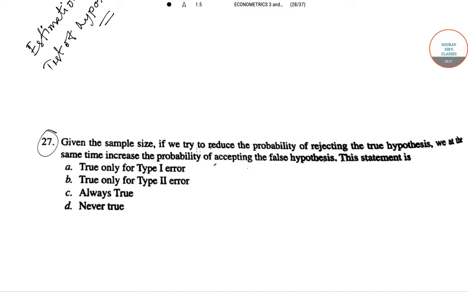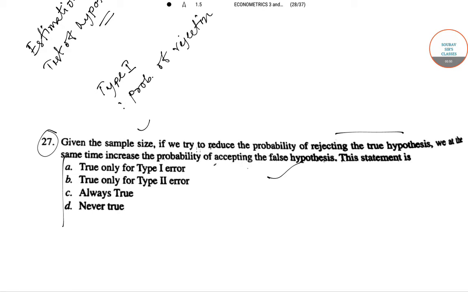Given the sample size, if we try to reduce the probability of rejecting the true hypothesis and at the same time increase the probability of accepting the false hypothesis, which of these statements is true? Now, by type 1 error, which is the first part of the question, we mean the probability of rejecting the true null hypothesis.